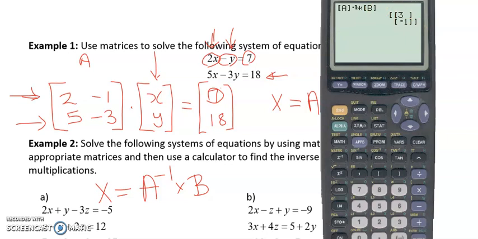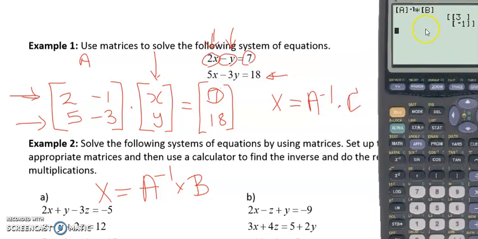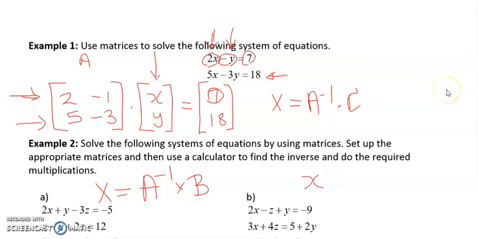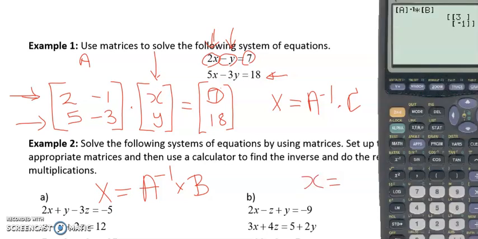Now, when you do get your answer, notice now it's 3, -1. It's important to write your answer looking like the answer to a system of equations. All right, don't just write down that matrix, that 2 by 1 matrix. Actually, write down that the solution is x equals, what was it again? 3.